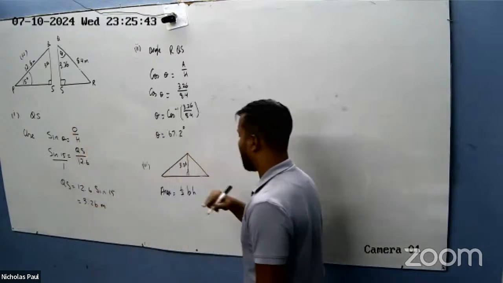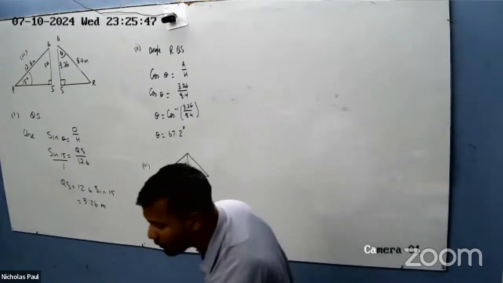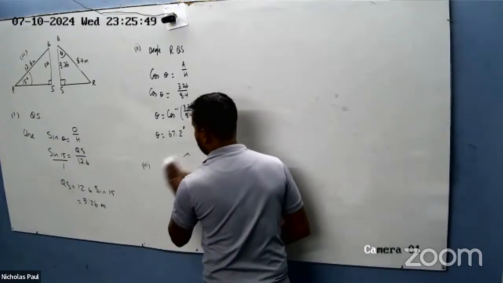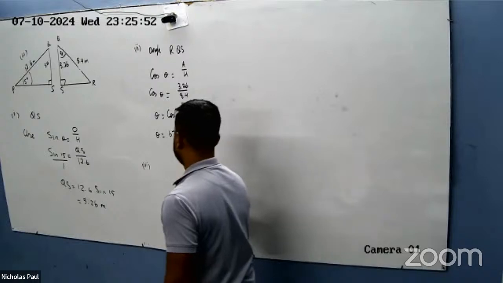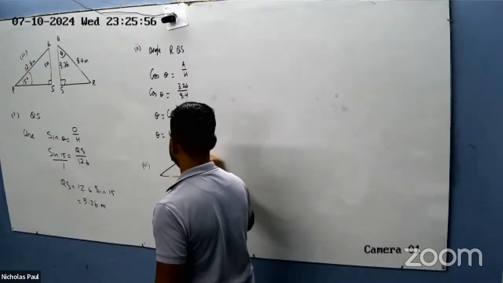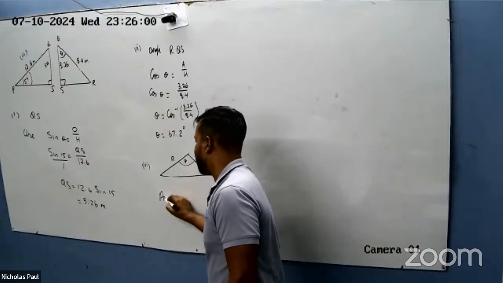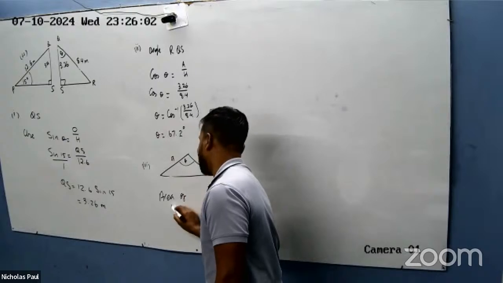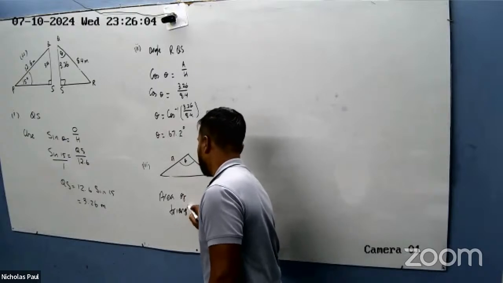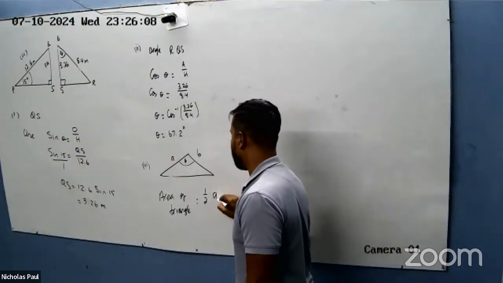But today I want to give you a new formula. There's another formula that we could use to find the area of a triangle. Let's say we have a, b, and we have theta. That formula will be half ab sine theta.